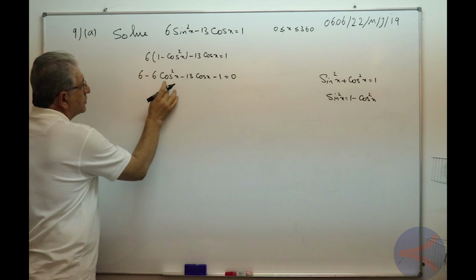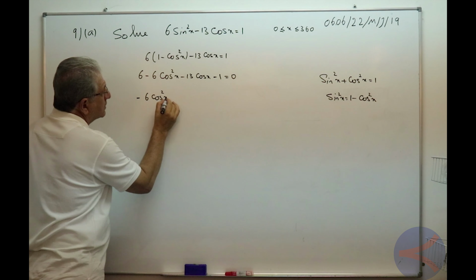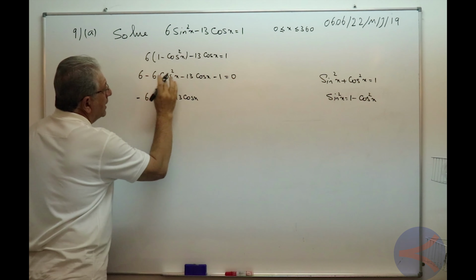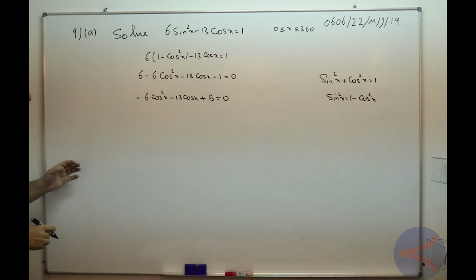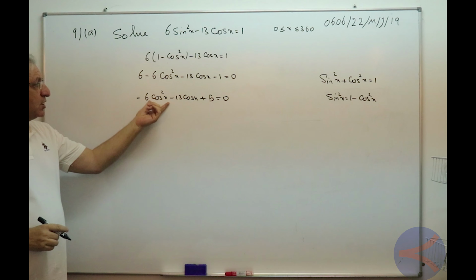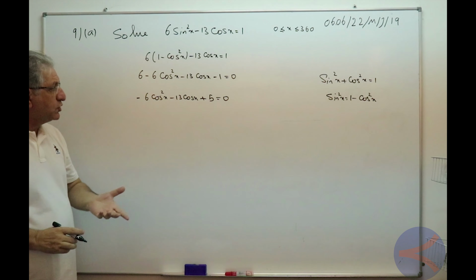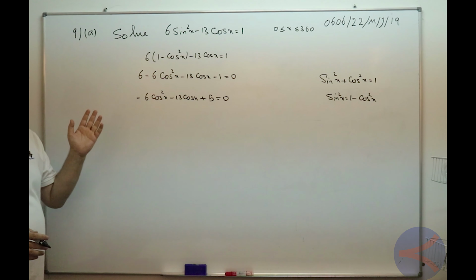Now here we are going to get minus 6 cos square of x minus 13 cos x plus 5 equal to 0. Now you can see that it is a quadratic equation where cos x is the unknown. So we can use different methods to solve this equation.